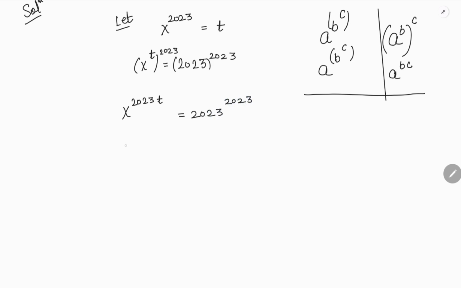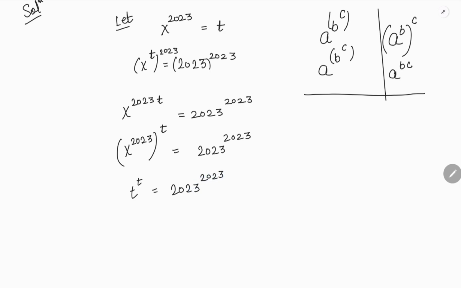Okay. So here this again can be written as this, that I take 2023 inside and whole power t is equal to 2023 power 2023, right? So this is t raised to power t is equal to 2023 raised to power 2023.